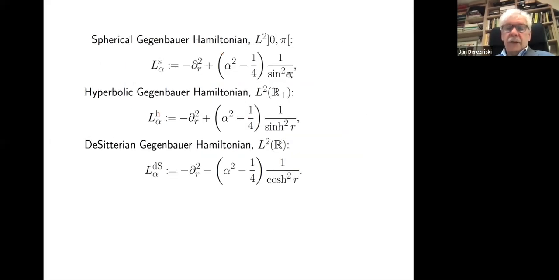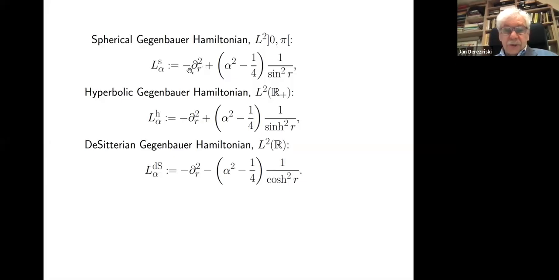You take the Laplace-Beltrami operator on the sphere, you separate the variables, you restrict to spherical harmonics in a part of the variables, and in the main variable you get the spherical Gegenbauer Hamiltonian, where this number alpha depends on the dimension and the angular momentum of the spherical harmonics.